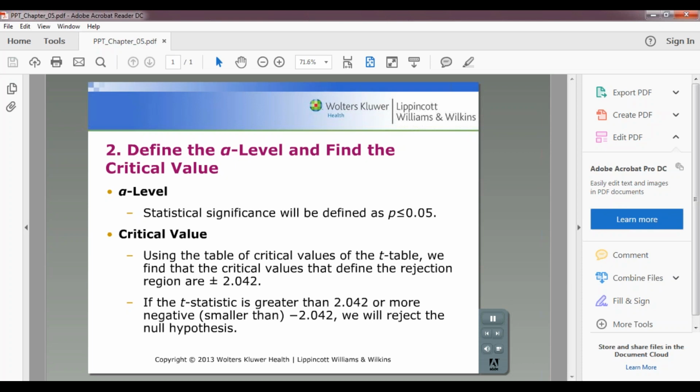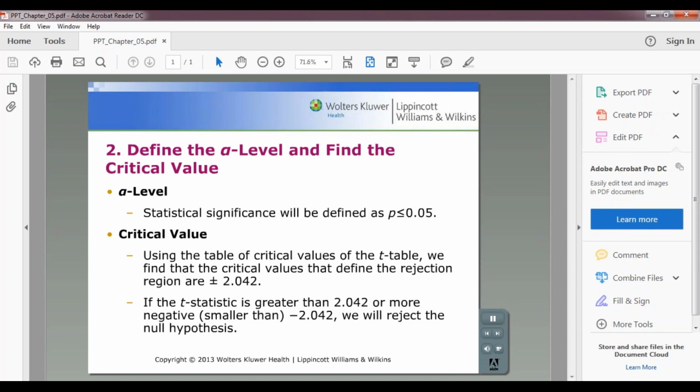There's a t-table in your book. Again, if you use SPSS, it factors all this in automatically for you, but for the sake of understanding, it's good to look at it this way. So in the table of critical values, we find that the critical values that define the rejection region are 2.042 plus or minus.